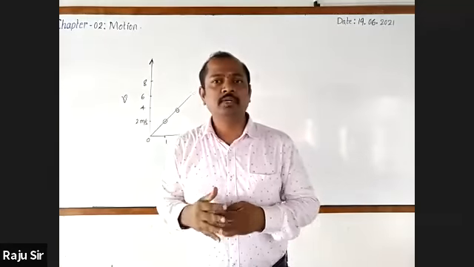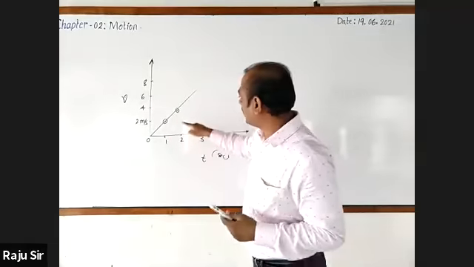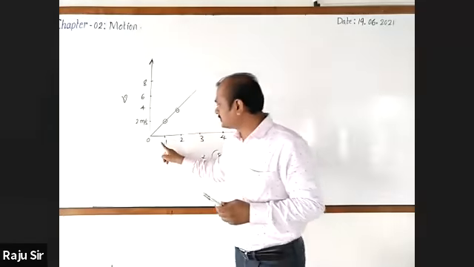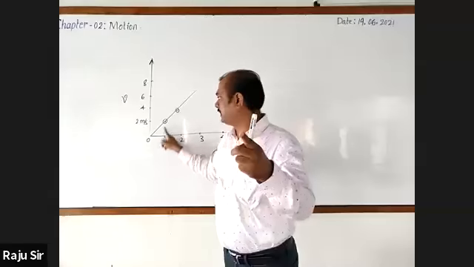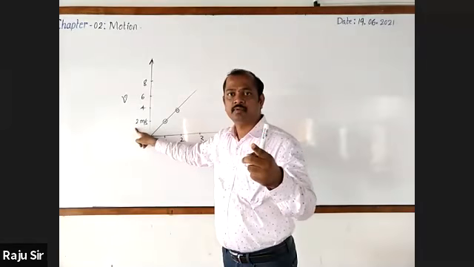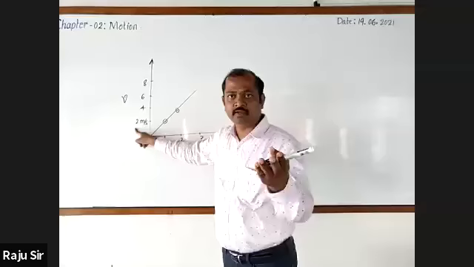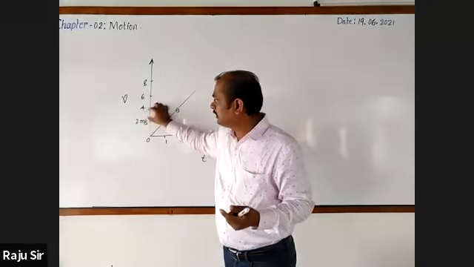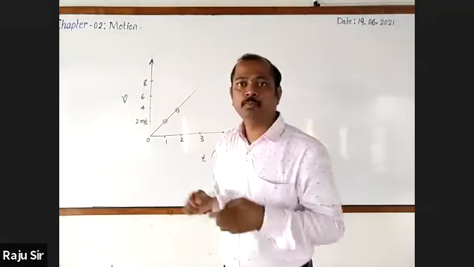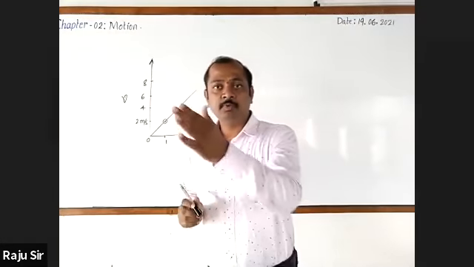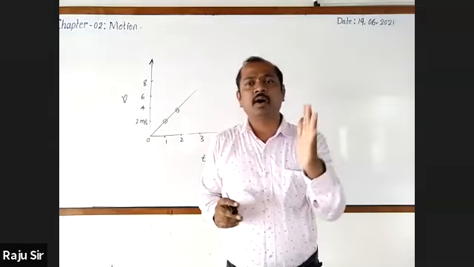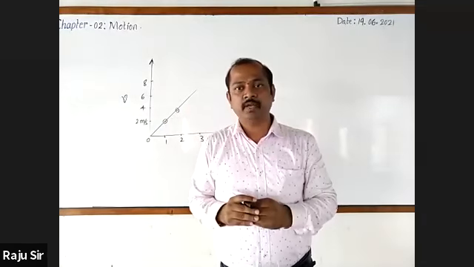If so, could you tell what this graph indicates? What is the speed in the first second? 2 meters per second. In the next second, it is 2 meters per second, which means that the body is moving with a constant speed, right?